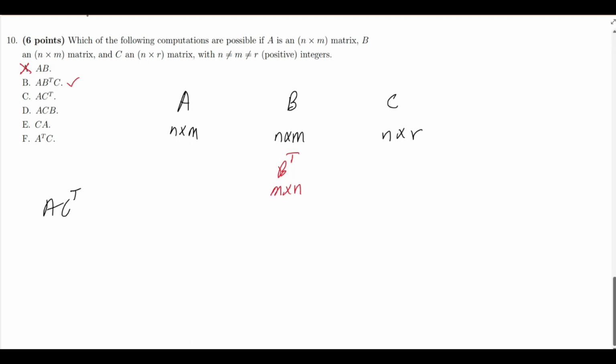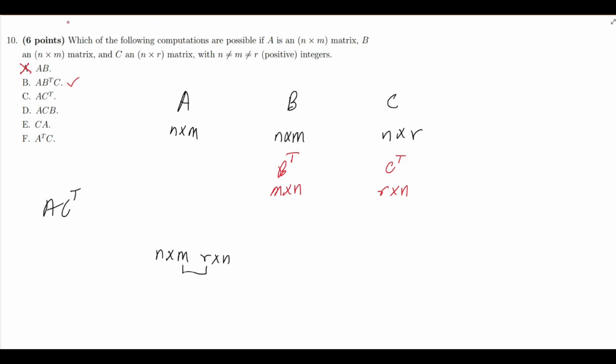Again, C transpose here is r by n. So if we look at the computation, A is an n by m matrix and C transpose is an r by n matrix. So this is not compatible. So this is not possible.